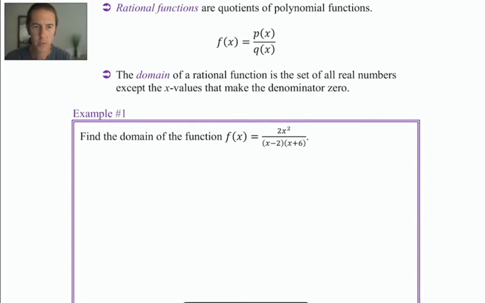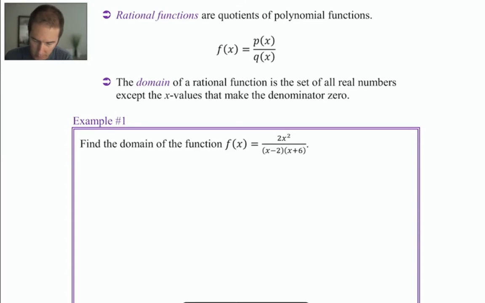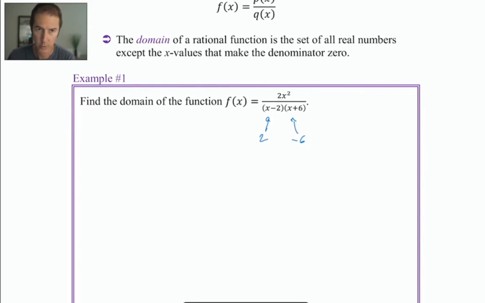So, let's find the domain of this function. An x value of positive 2 would certainly cause this to equal 0. An x value of negative 6 would cause this to equal 0. So we don't want to include those x values in the domain.